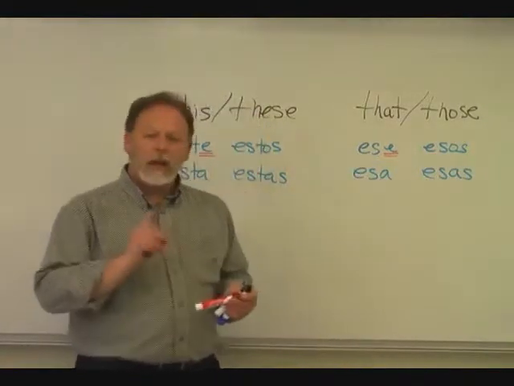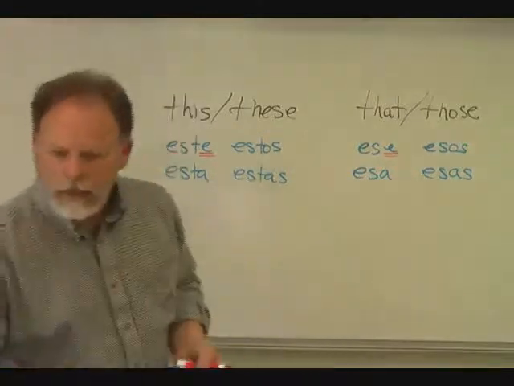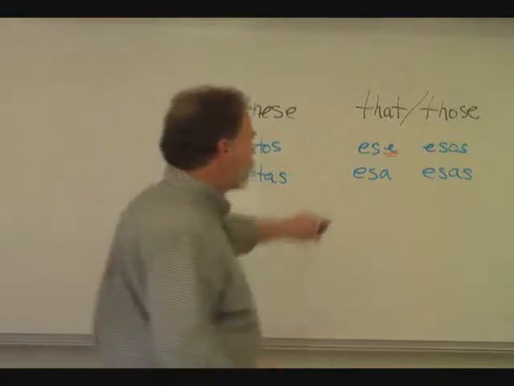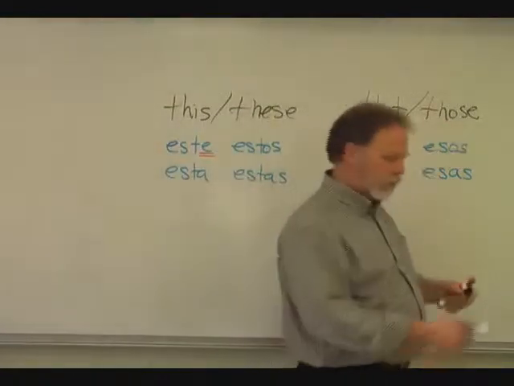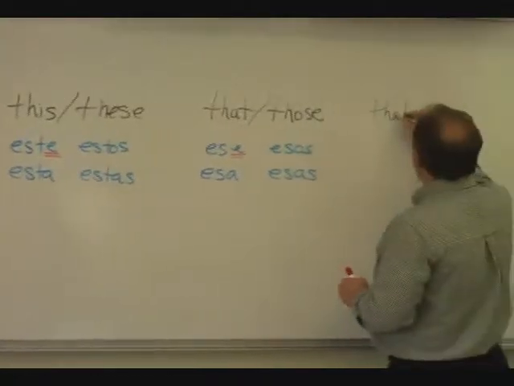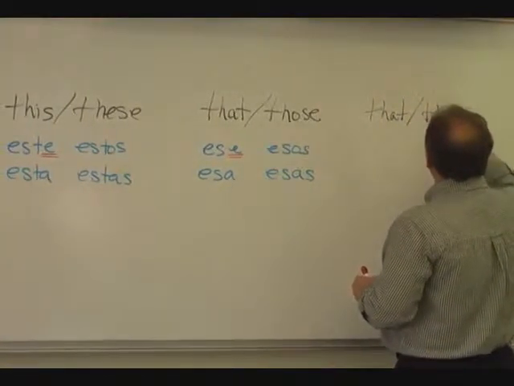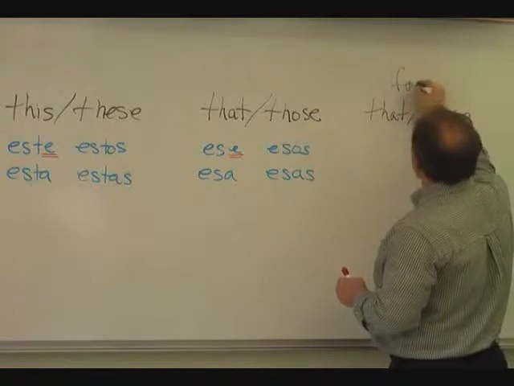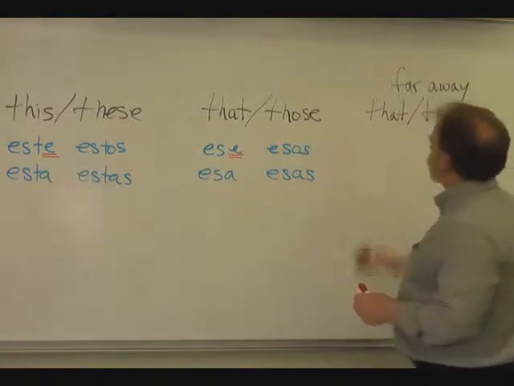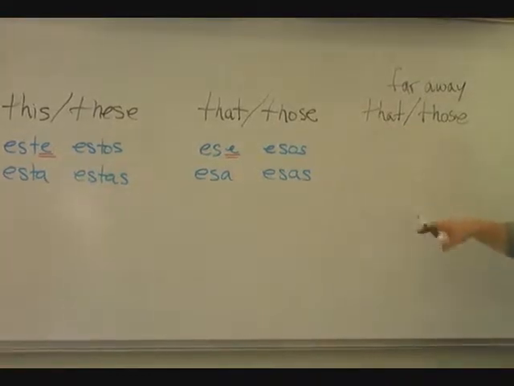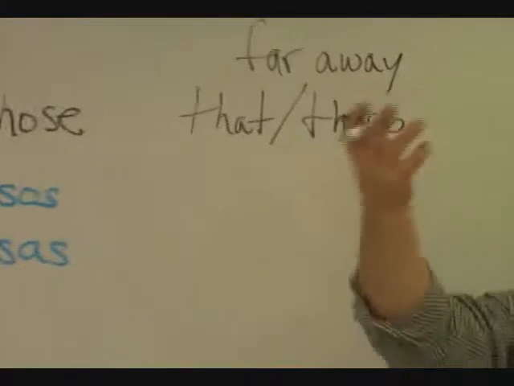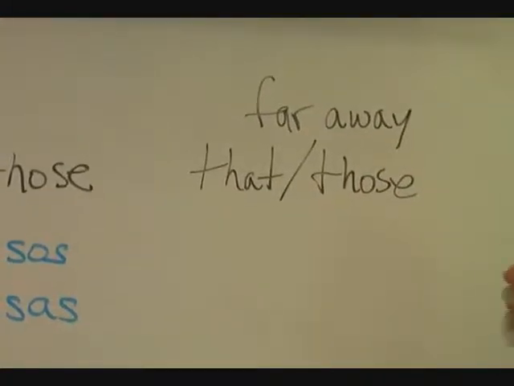Now Spanish has a third group, and it is at the bottom of the yellow box. It's another set of that and those, when we talk about things being far away.